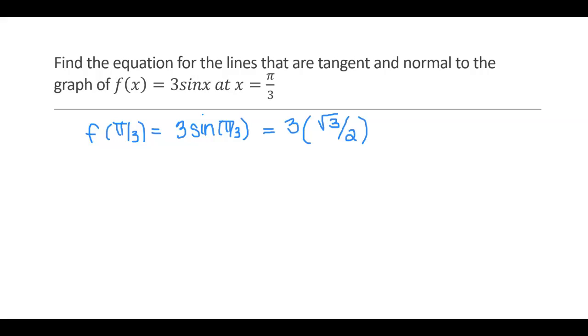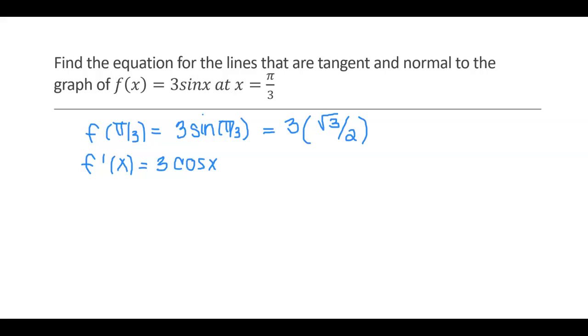To get the equation of the tangent line, you needed the point. So our point is pi thirds comma 3 square roots of 3 over 2. I need the slope at that point. So slope is the derivative. So I need f prime of x. Derivative of sine is cosine.